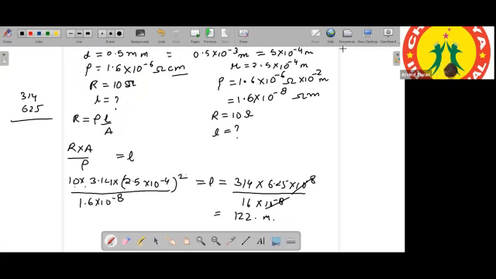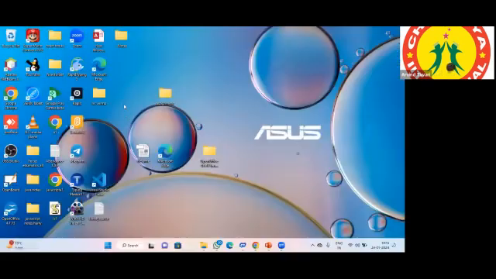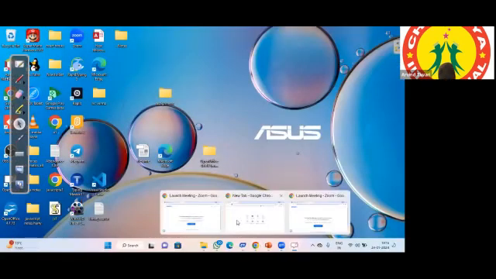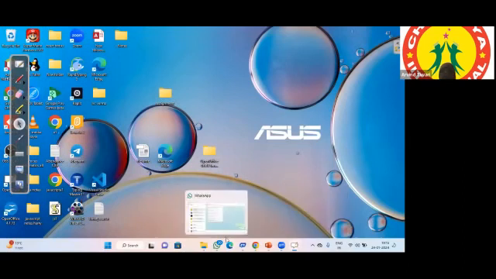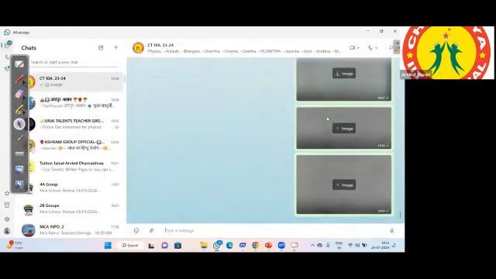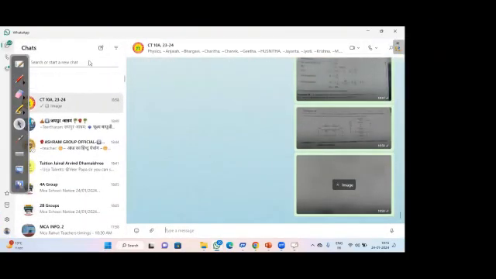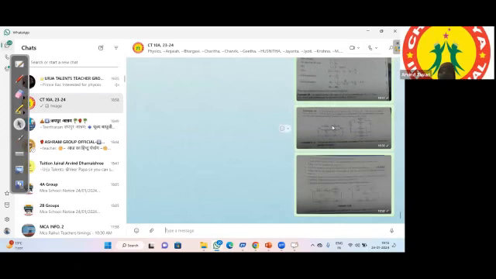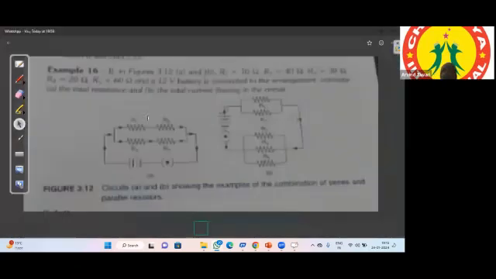Okay. So let's see the next one. Everyone got the answer? Vedika, did you get the answer? Yes. Okay. So here, next question we have the circuit diagram.